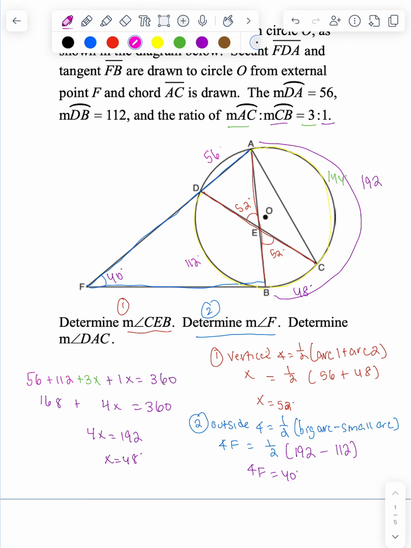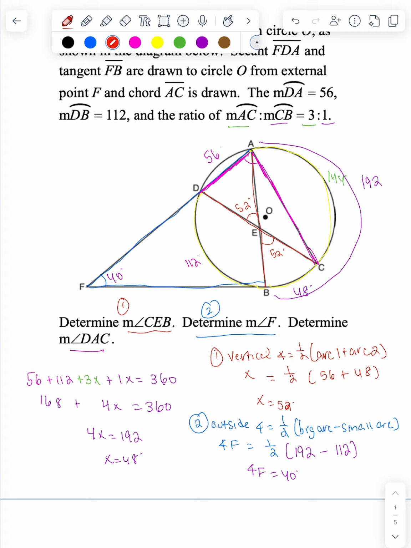And then finally, the measurement of angle DAC. The measurement of angle DAC, that's this angle right over here. So I'm just going to highlight that angle. And notice how it's an inscribed angle. And it intercepts arc DC. So inscribed angles are half their intercepted arcs.